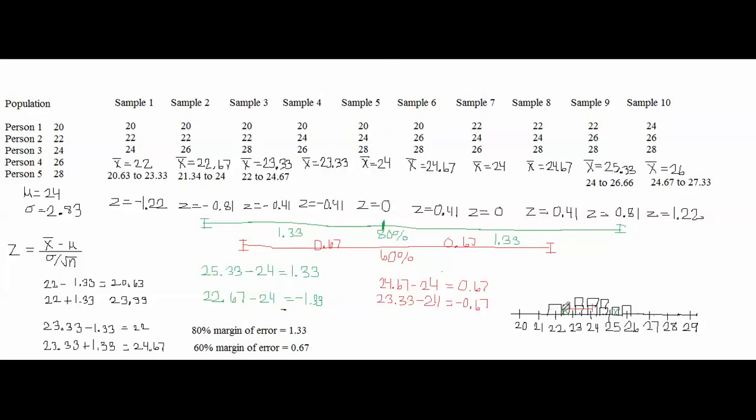This one went to 21.34, which is about right here. When we do it with this sample right here, which was sample 9, the margin of error is barely long enough to reach the population mean going in this direction, 24.